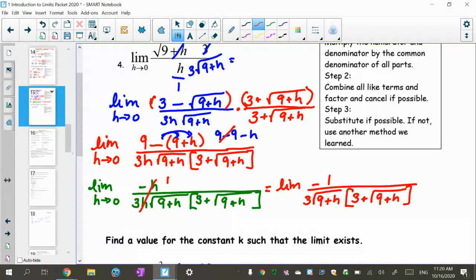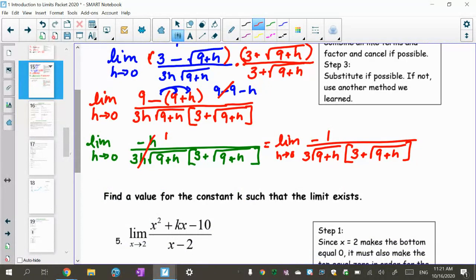Now I look and say, as h approaches 0, can I plug the 0 in? And I see that I can. Once I plug the 0 in, just stop writing the word limit.